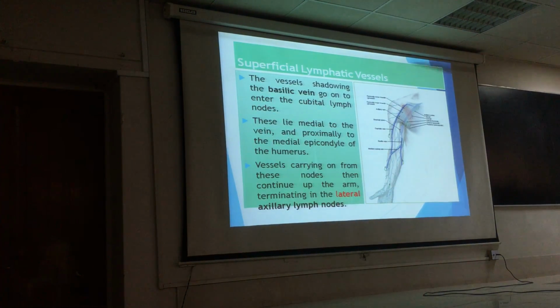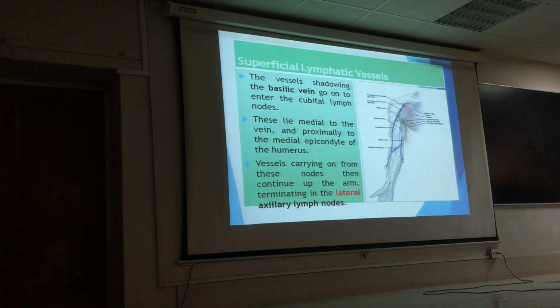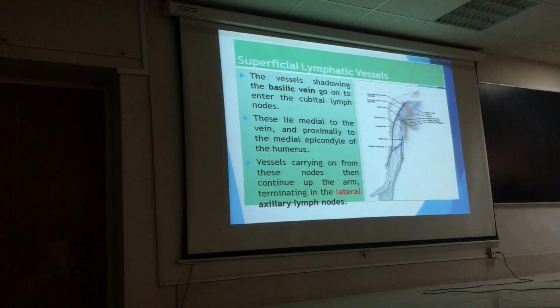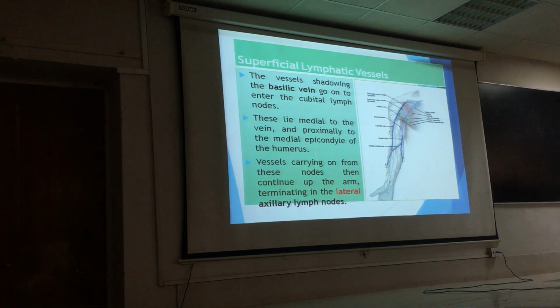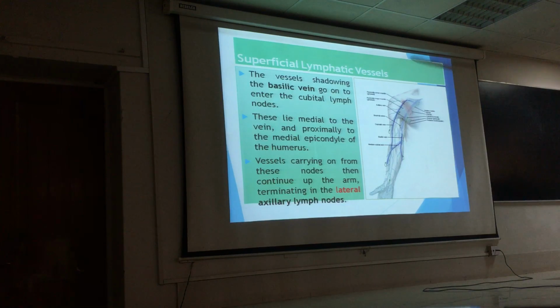Now, these cubital lymph nodes lie medial to the vein, and even if you just look at the bony structure, the medial epicondyle of the humerus will be here. So this is in relation or proximity to the medial epicondyle of the humerus.